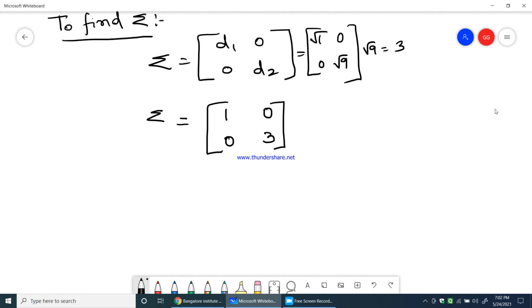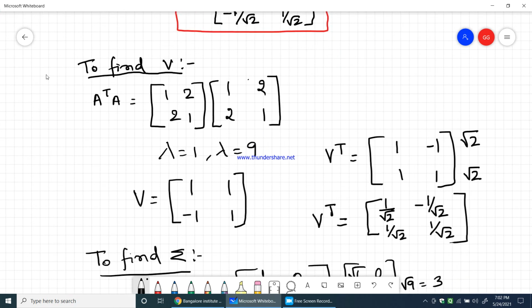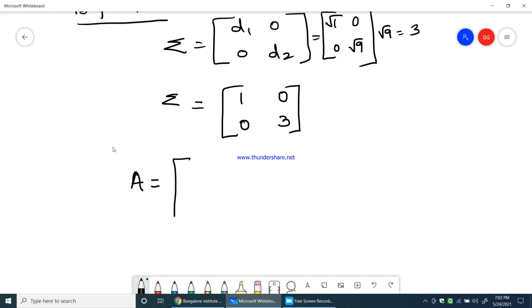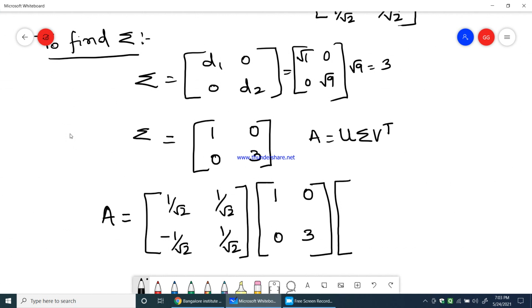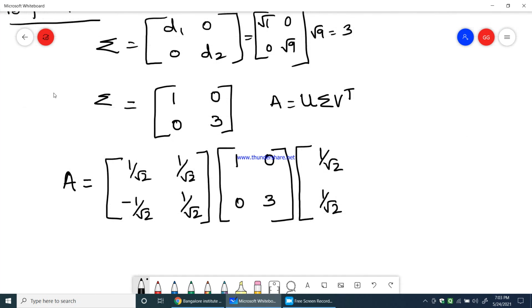So matrix A equals U, which is [1 by root 2, 1 by root 2; minus 1 by root 2, 1 by root 2], multiplied by sigma, because we know that A equals U sigma V transpose, which is [1 0; 0 3], and this will be multiplied by V transpose, which is [1 by root 2, 1 by root 2; minus 1 by root 2, 1 by root 2].